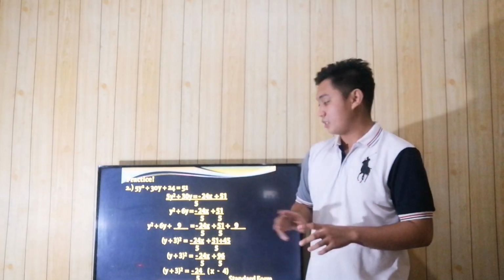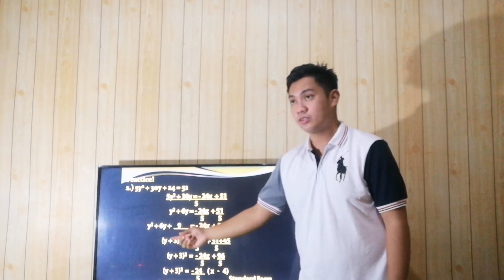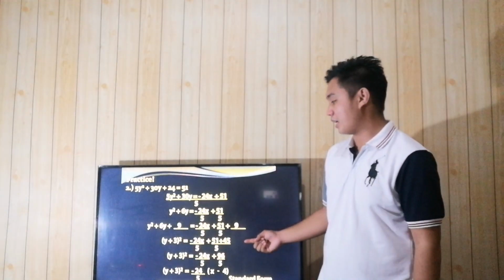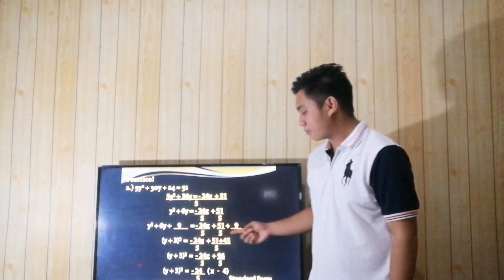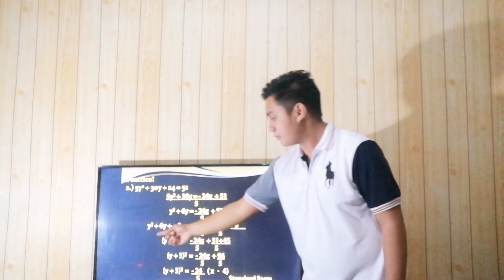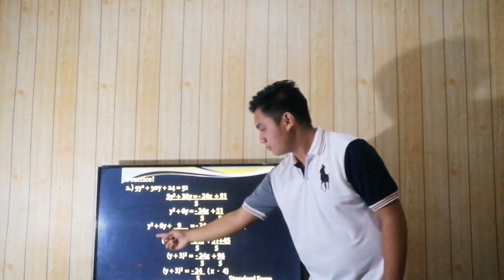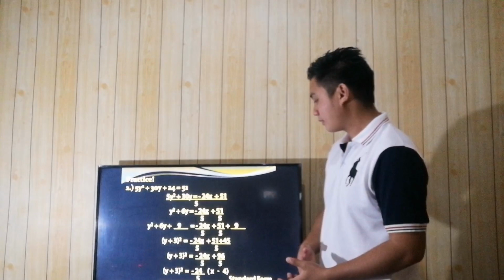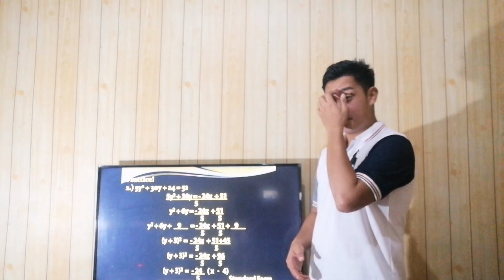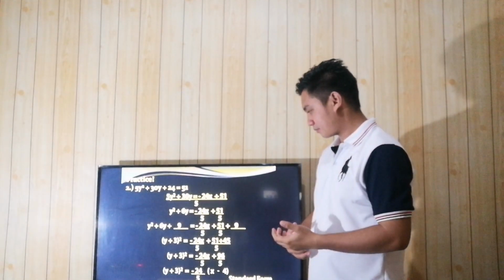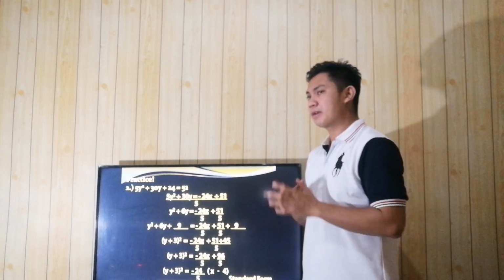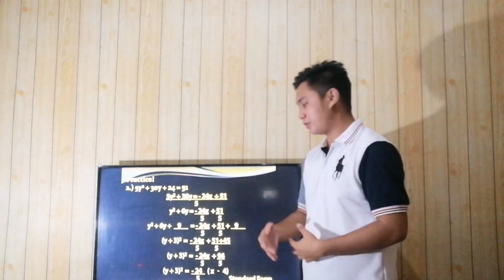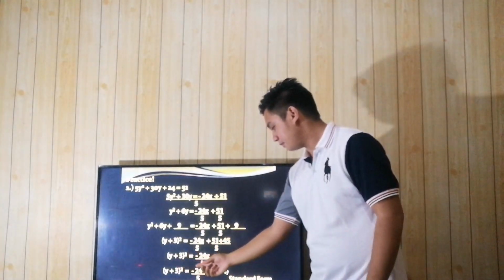Ang rules dito is, kung ano yung dinagdag nyo dito, yun din ang idadagdag nyo sa kabila. So, kung plus 9 dito, magpa-plus 9 ka rin dito. So, we have the equation na y squared plus 6y plus 9 is equals to negative 24x over 5 plus 51 over 5 plus 9.